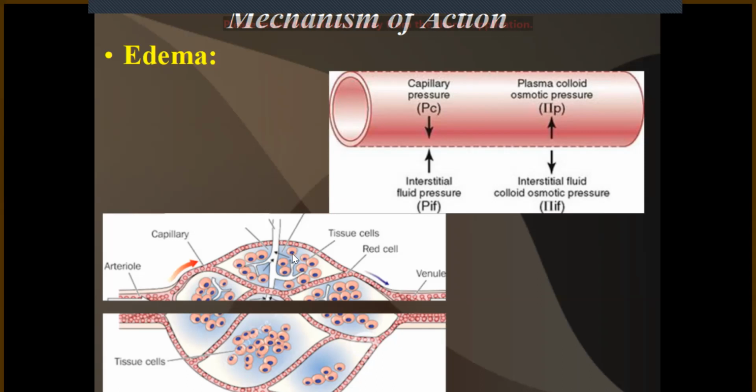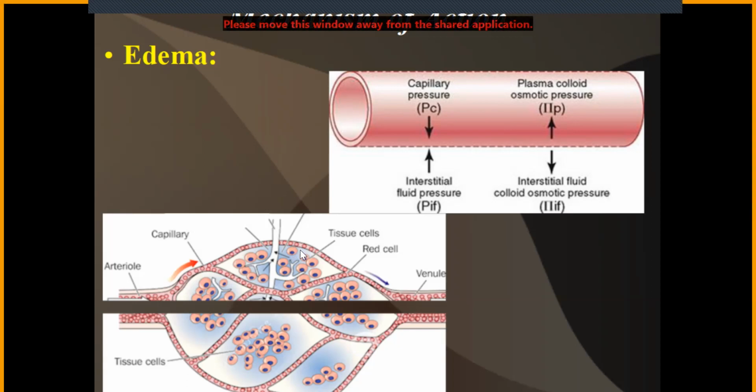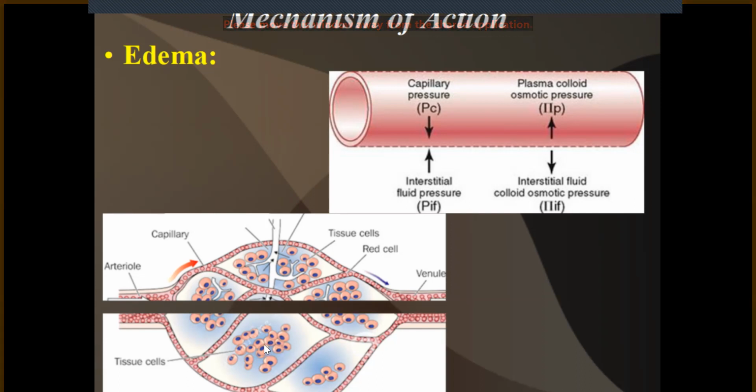These cells and capillary have very little gap, meaning whatever is being transported to the cell has to travel very little distance. But when there is edema, the capillary and the cell have a large distance, and this is known as the diffusion distance.